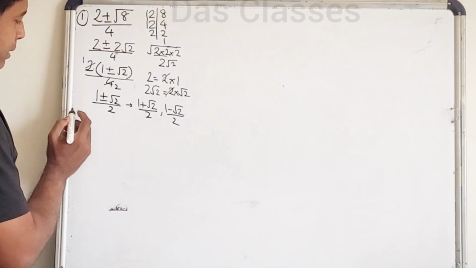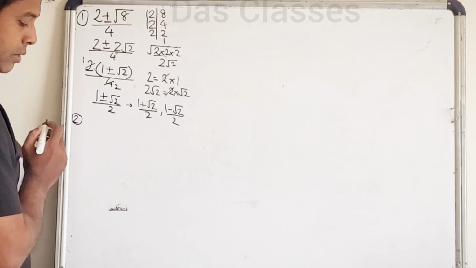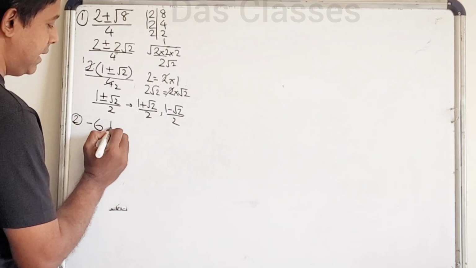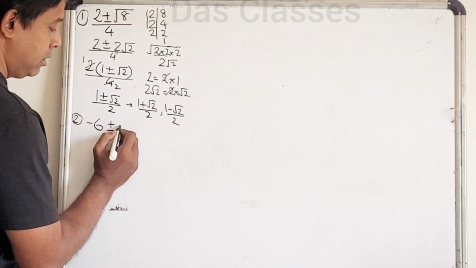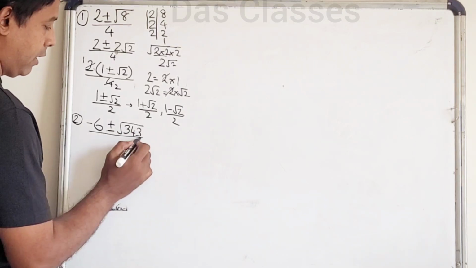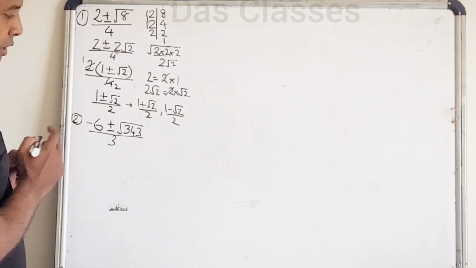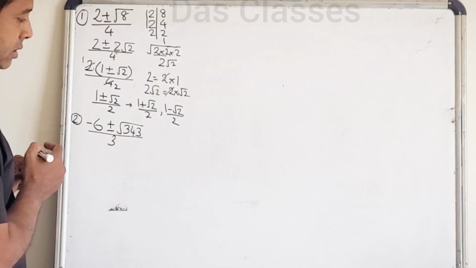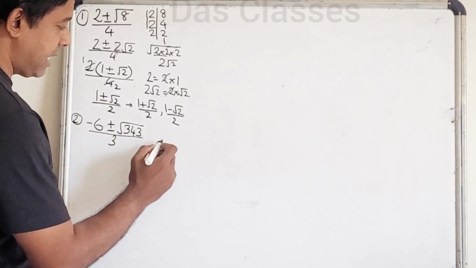Let's take another example. Say I give you (−6 ± √343)/3. Whenever you see a number as big as this, let's factorize it.